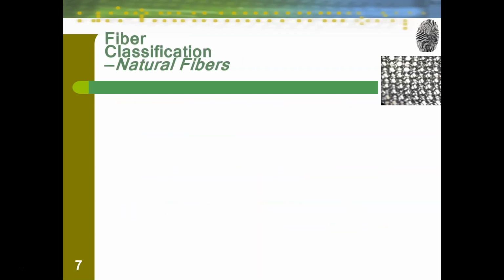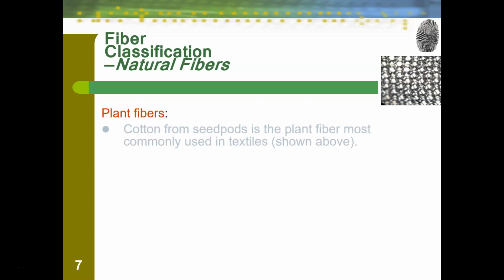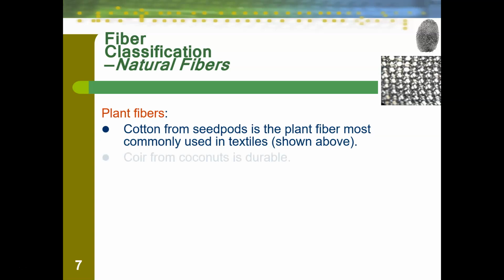Now, there are lots of different examples of plant fibers. Those can include cotton, which is what you're probably most familiar with, and this is the seed pods in the plant fiber that is most commonly used in textiles. And I'm sure your history classes have covered why cotton was revolutionary. Coir from coconuts.